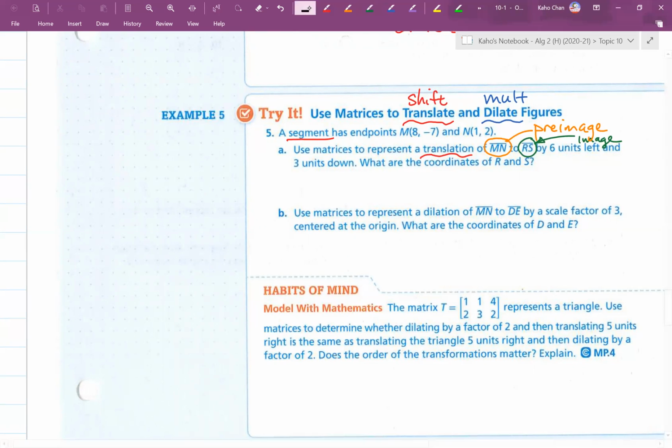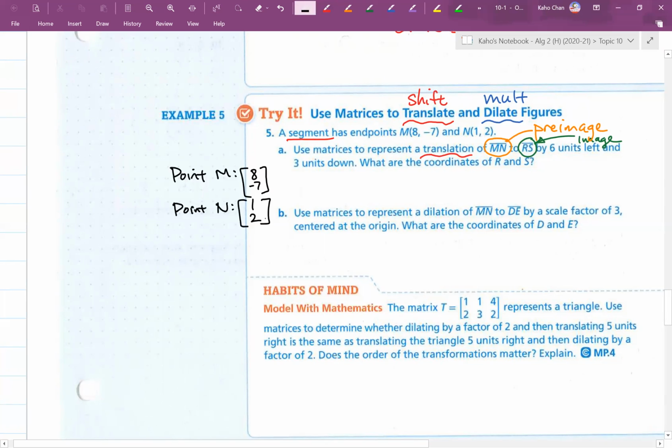To represent a coordinate pair in this case, we're going to put point M and point N into a 2x1 matrix. And that 2x1 is representing an X and a Y. That's it. And what are we going to do?